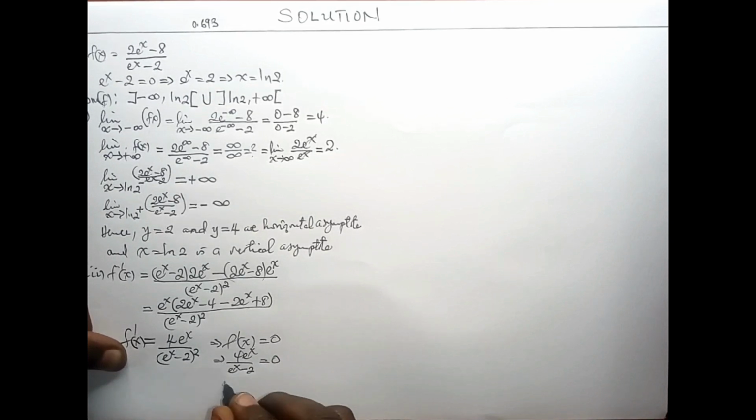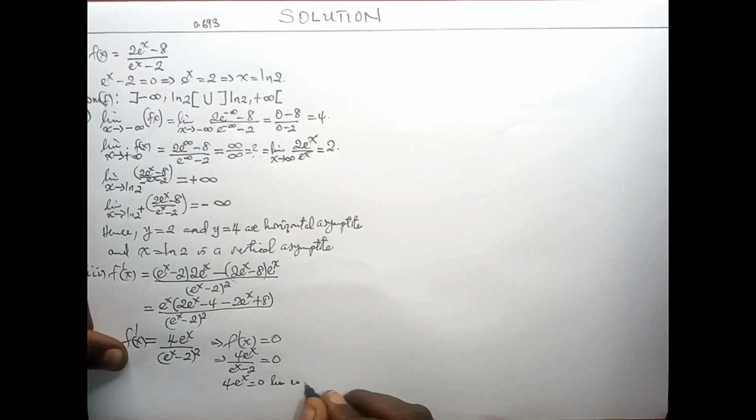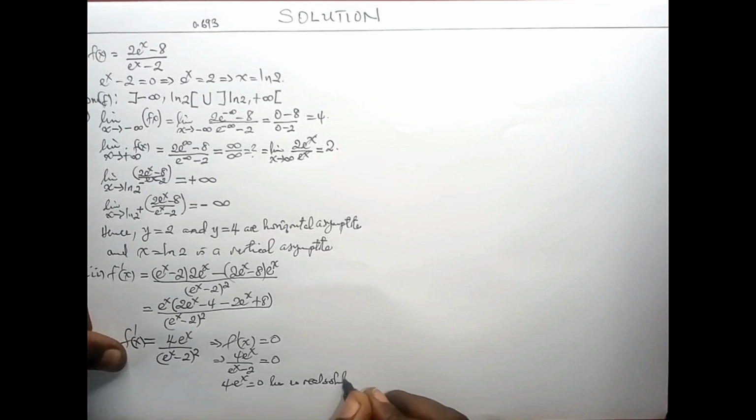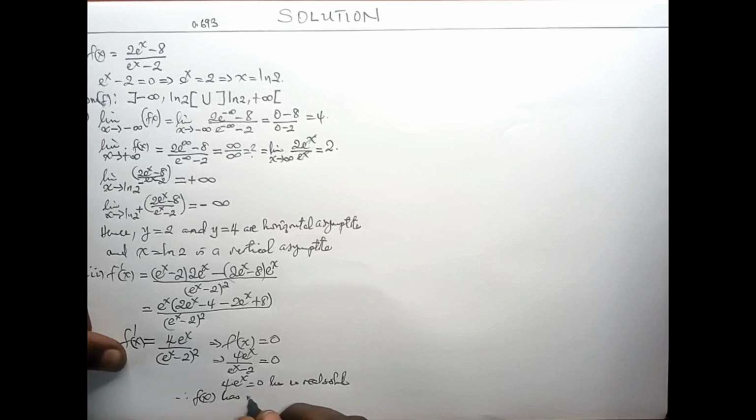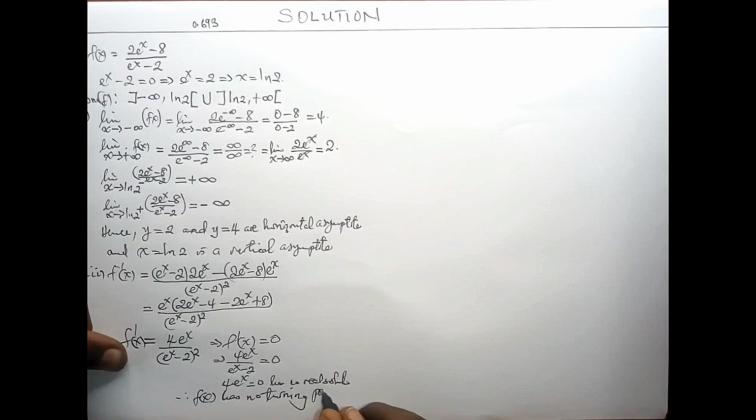And 4e^x equals 0 has no real solution. And that implies that f of x has no turning point, as the question asks us to show.